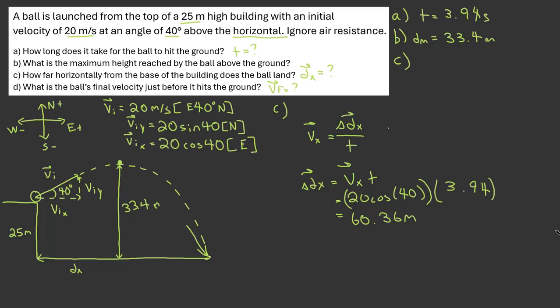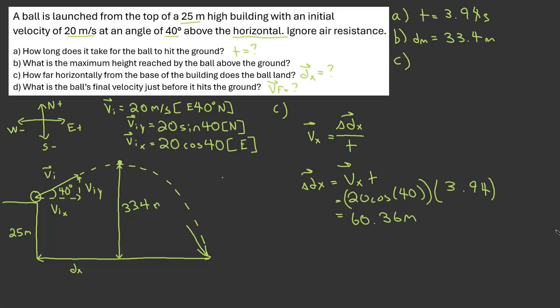One other important note that I didn't touch on yet is that our velocity in the x dimension is always going to stay the same. It's going to be the same everywhere because there's no acceleration acting on the ball in the horizontal or x dimension, and because of that, with any projectile motion problem, we can assume that this initial velocity in the x is going to be the same velocity at the final point. Our vf of x is also going to be equal to our vix, okay?